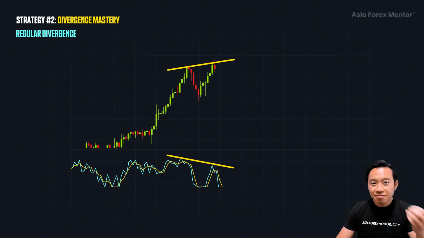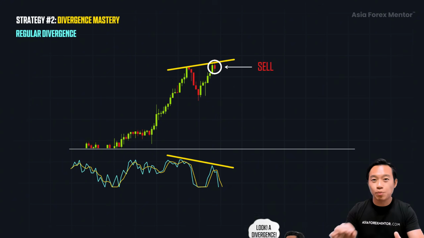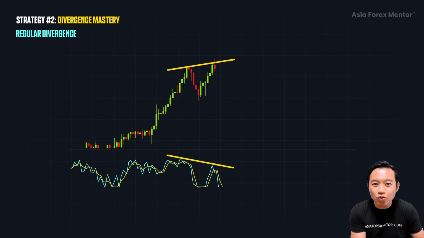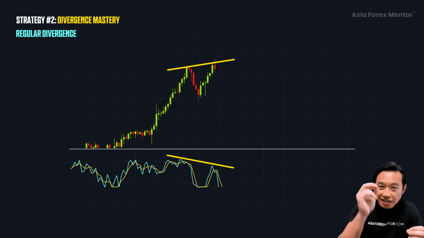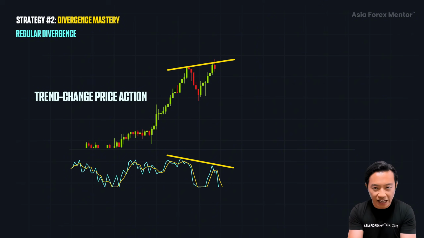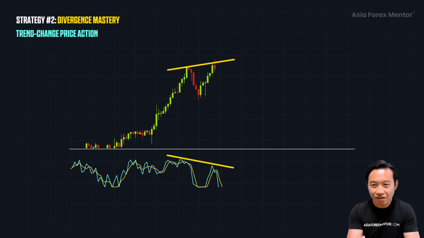All right, so now, here's where many traders mess up. They jump right in after spotting a divergence. But divergence alone is not confirmation. It's just the market hinting at you, right? You still need proof. This is where something called the trend change price action comes in.